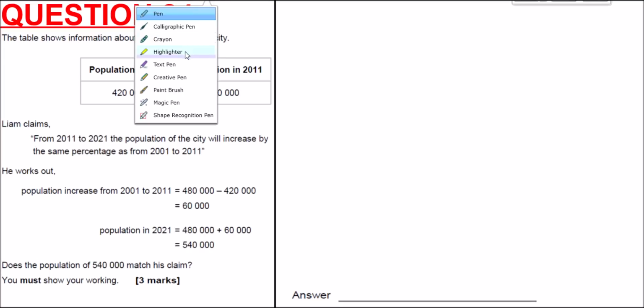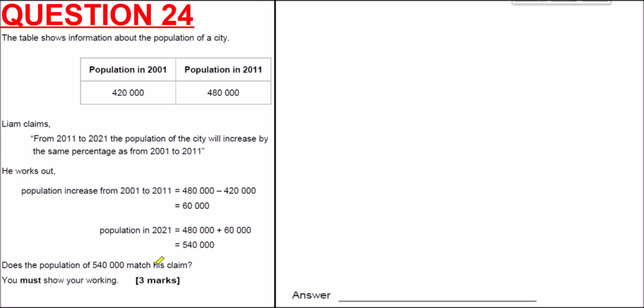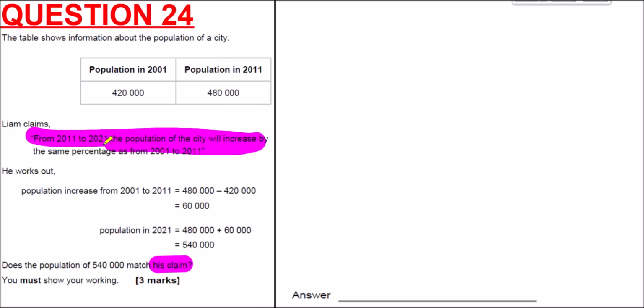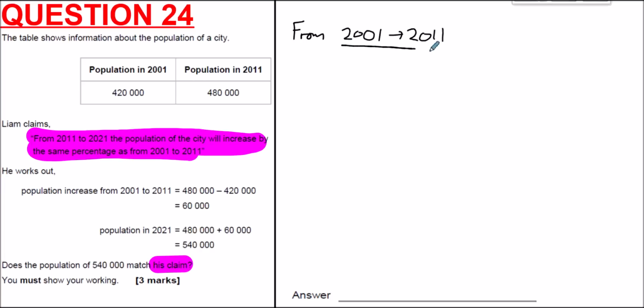And so by his claim is this thing here, that the population of a city will increase by the same percentage. So we need to find the initial percentage change. So from 2001 to 2011, we can calculate directly the percentage change.